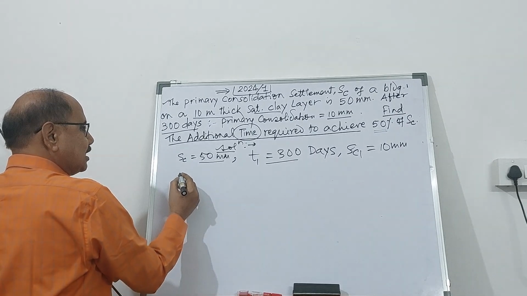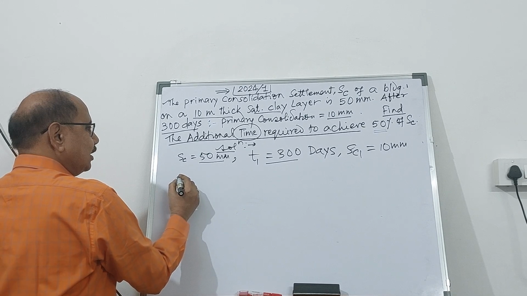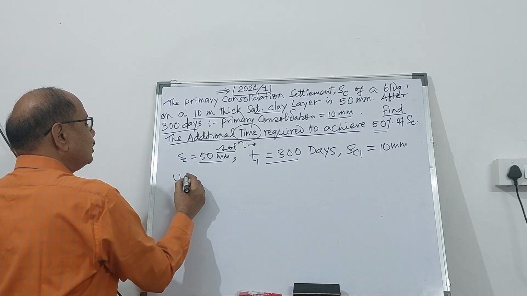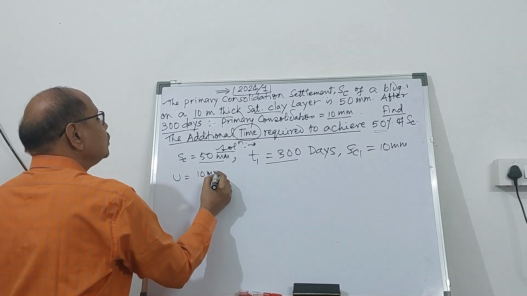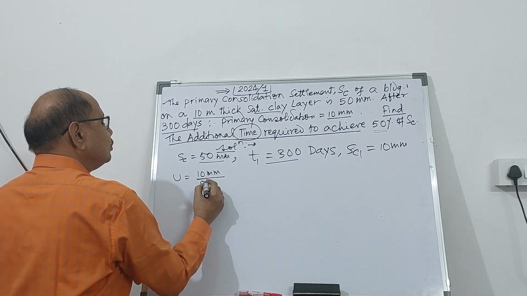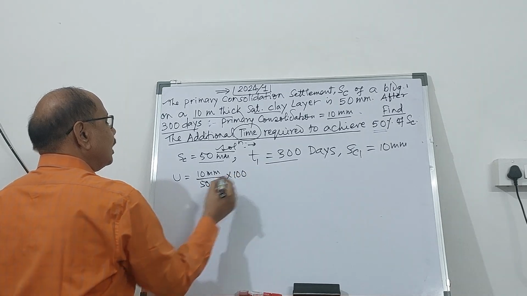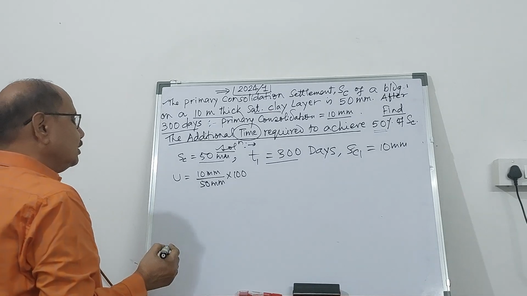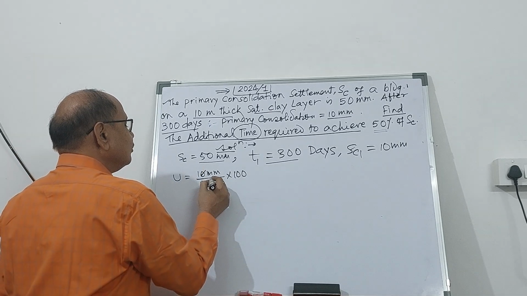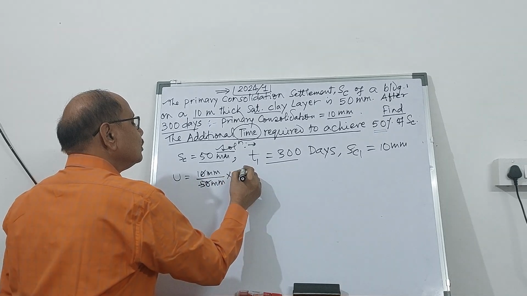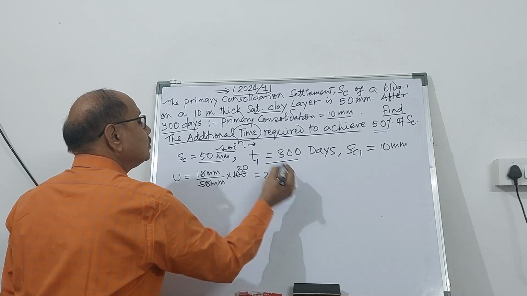So SC1 divided by SC, that is the degree of consolidation, is 10 out of 50 into 100. So U becomes 20%.